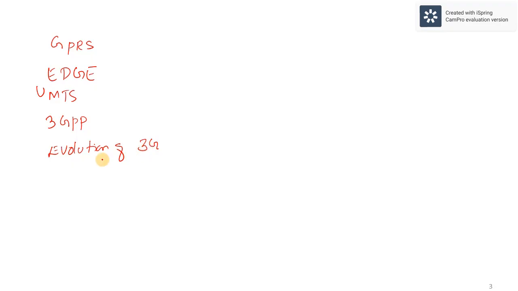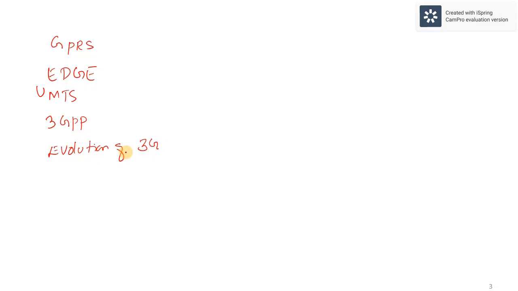Coming to evolution of 3G, we have to say that it is having GSM, GPRS, Edge, which converged to 3G. Similarly, CDMA 1, CDMA 2000 will be leading to 3G. Similarly, TDMA, Edge will come to 3G.